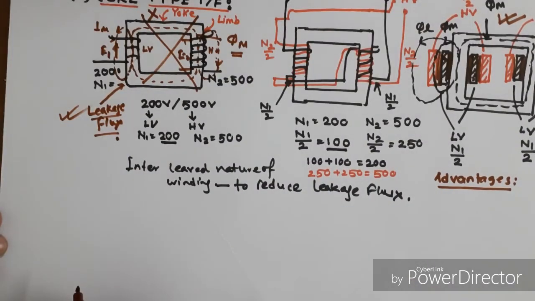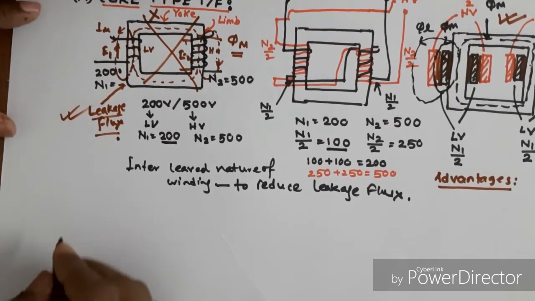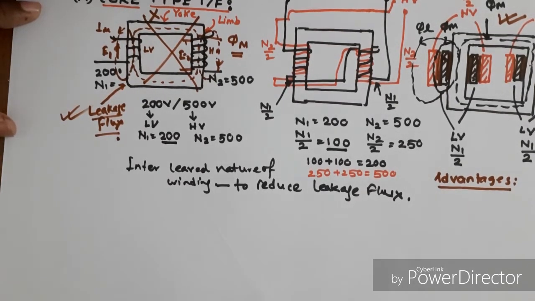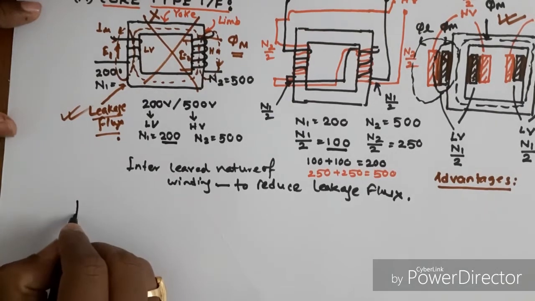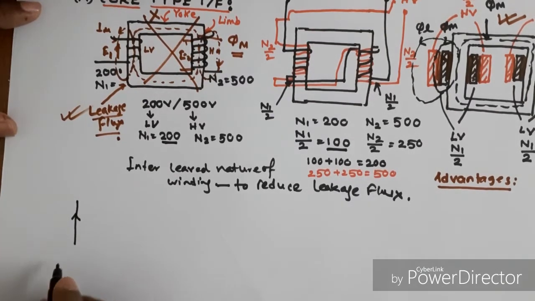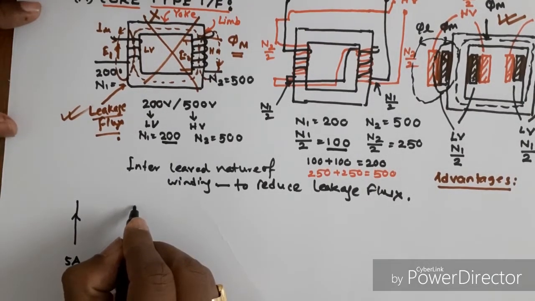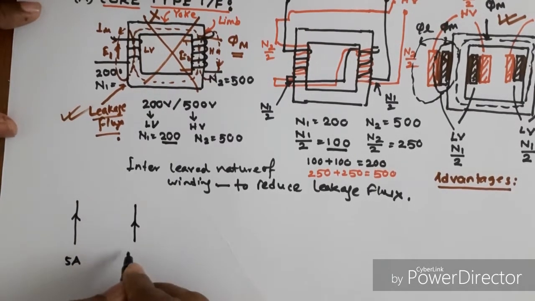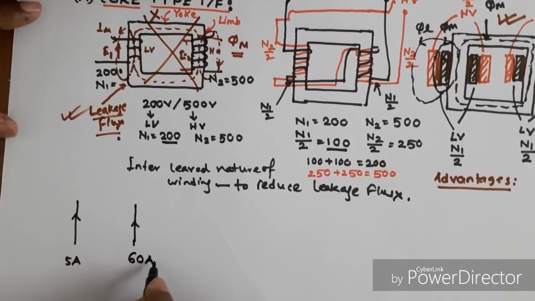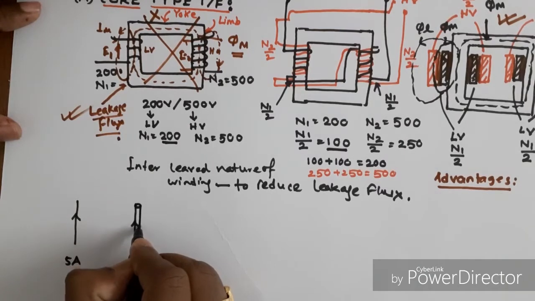As an electrical or electronics engineer, we should be clear on one concept. Suppose this is a conductor. The current passing through this conductor is 5 ampere, and there is another conductor whose current is 60 ampere. Now what is the difference? The conductor with the higher current rating should have a higher diameter.